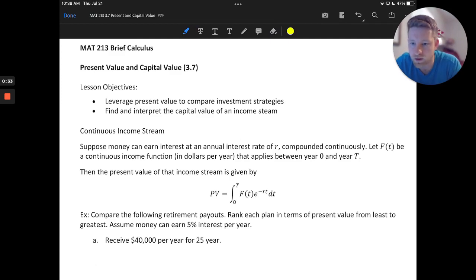So let's start with the idea of continuous income streams. We'll read the definition and then we'll walk through the components of this calculation.